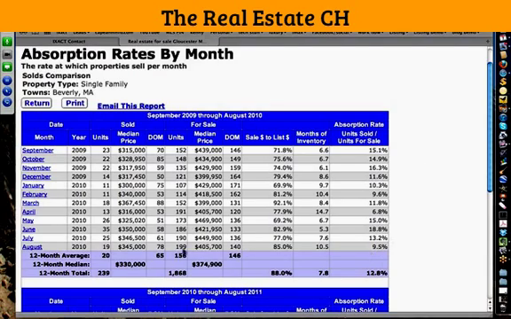So, August of 2010, 19 units sold. There were 199 units on the market for sale. Notice up here, for sale, 199. That means the absorption rate was 9.5%. It means that 9.5 out of 100 properties that were on the market sold in that time period. That's what's going on for an absorption rate.